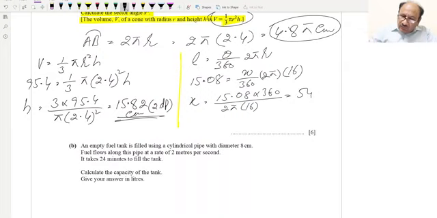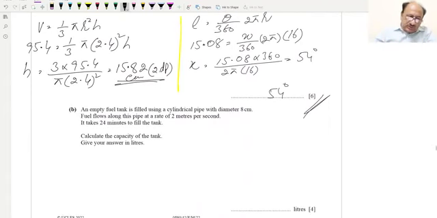So 54 degrees will be our final answer for this question, part A, and this was a 6 marks question.